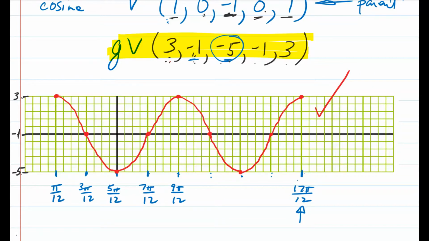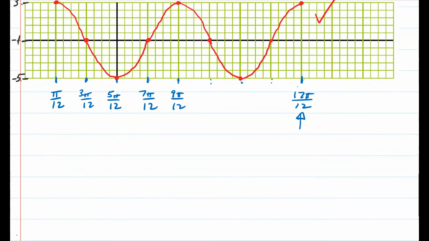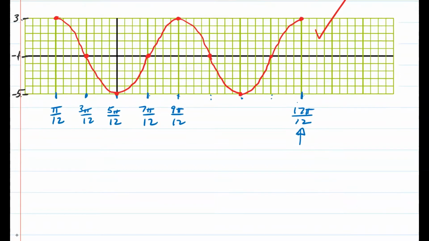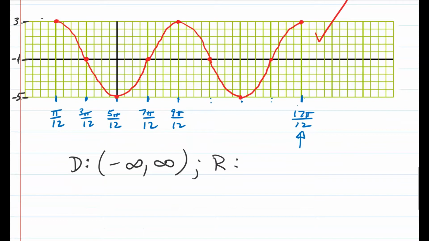The last thing I want to do here, because I will ask you guys about these questions when I quiz you, so I want you to think about these things. One, we're always thinking about analyzing functions also, and the domain of the cosine or the sine is all real numbers, so negative infinity to infinity. And the range here is going to go from -5 to 3, and that includes endpoints.